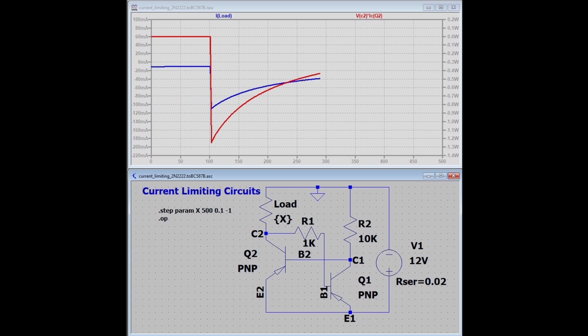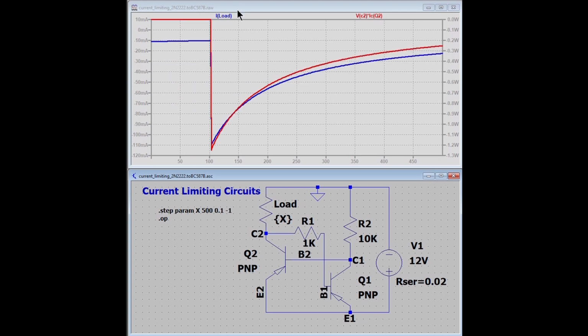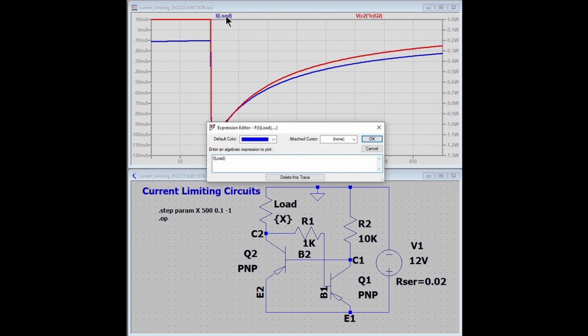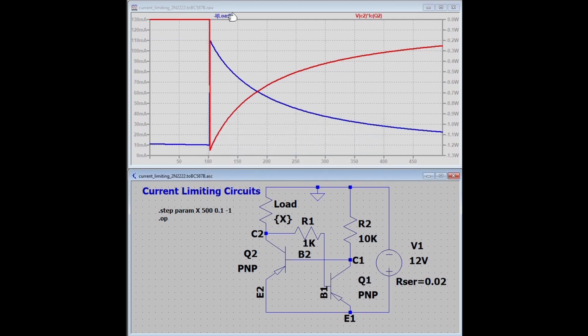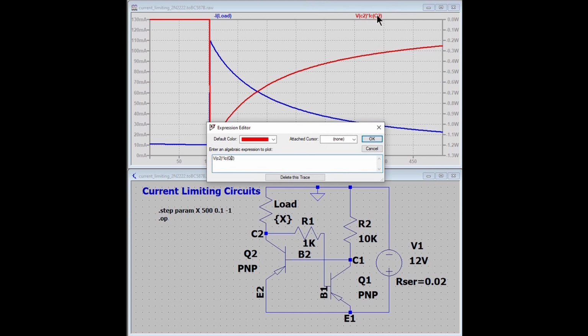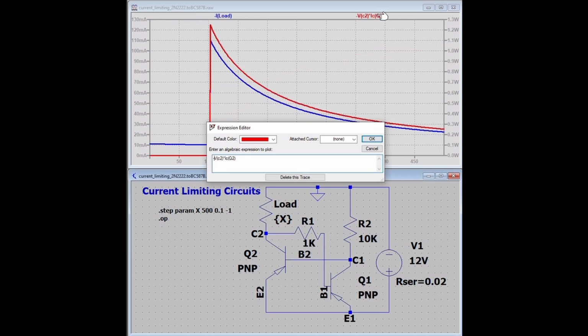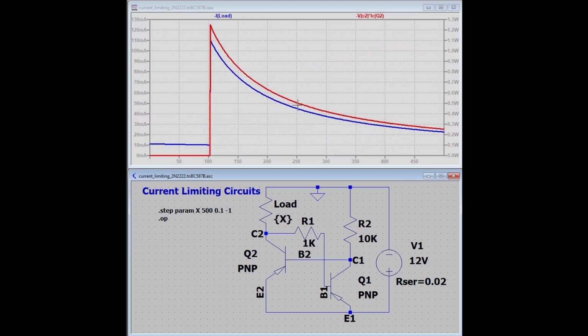But of course, the charts are now inverted, so we change their signs. Notice that the red plot is the power dissipation of the load, not the transistor.